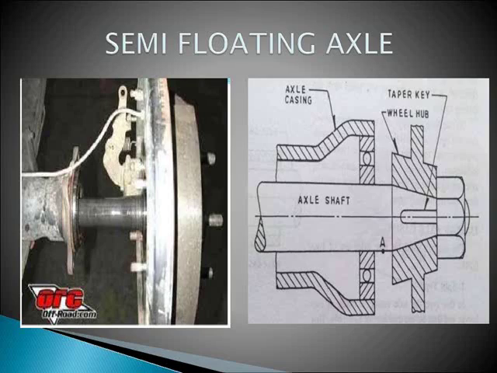The inner end of the axle shaft is supported only by the differential side gears, and the differential casing carrying the inner bearing between it and the axle housing that supports it. The inner end of the axle shaft is thus relieved of the job of supporting the vehicle weight by the axle casing.